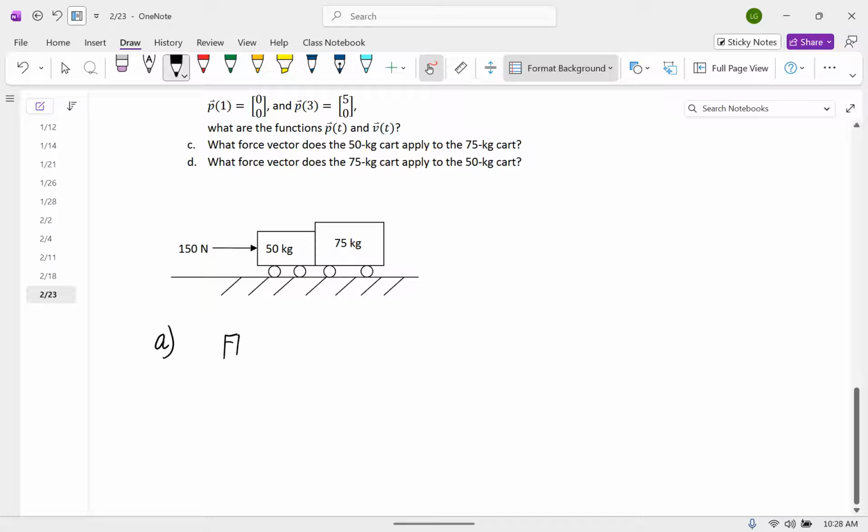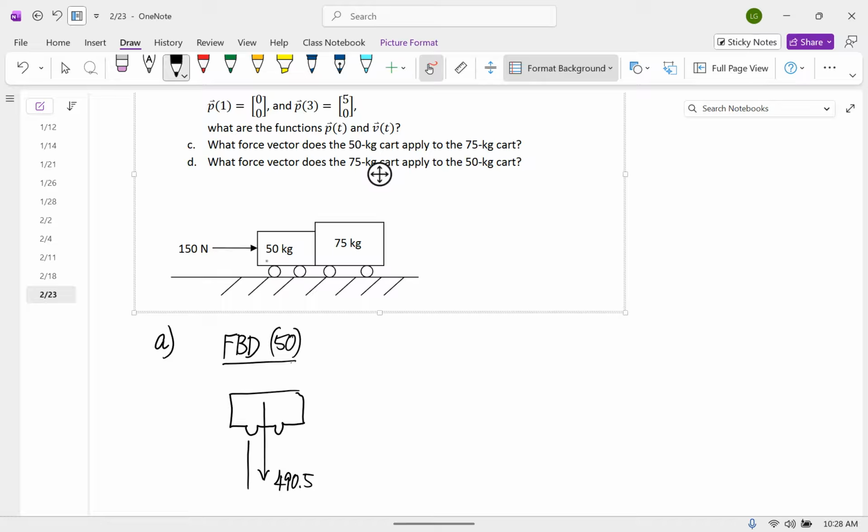So a free body diagram of the 50. The weight acts at the center of mass. So 50 times 9.81 is 490.5. There's a pushing force from the ground. I'll call that N50.